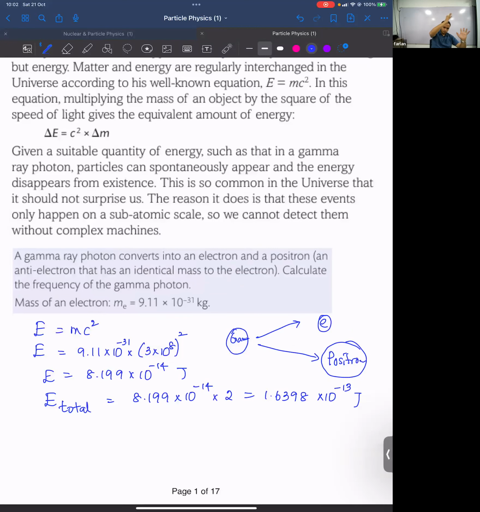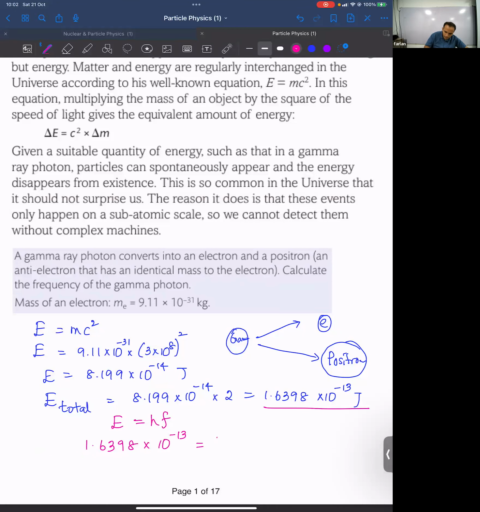That means the gamma ray photon is getting converted to an electron and a positron, so the gamma ray photon has this much energy. For the gamma ray photon, if I use E equals hf, remember this, E is equal to 1.6398 into 10 to the power minus 13.